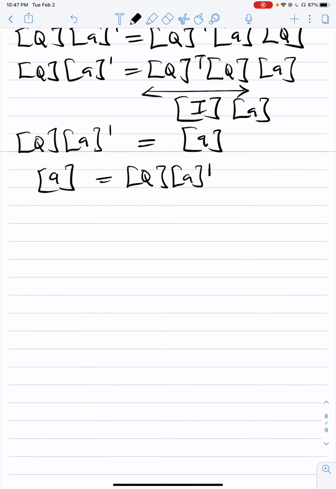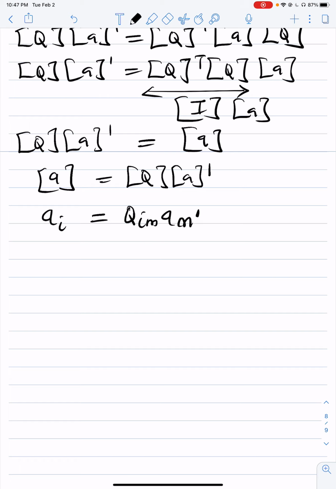I hope that's clear. In index notation, this remains A_i equals Q_im A'_m, right? Matrix, vector, vector.